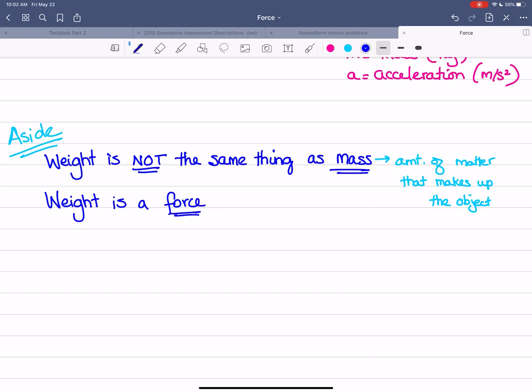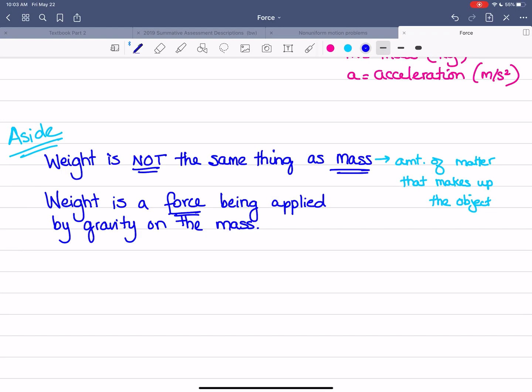So weight is a force being applied by gravity on the mass. Right. So for that, we're going to look at a simple calculation, and it might surprise you. So let's have a look.